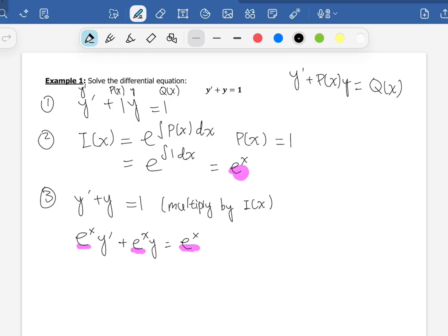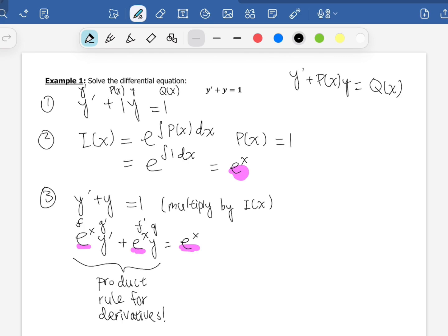Now, what do you notice about the left side? This is a product rule for derivatives. This is your f g prime plus your f prime g. And remember, we have to eventually integrate both sides.